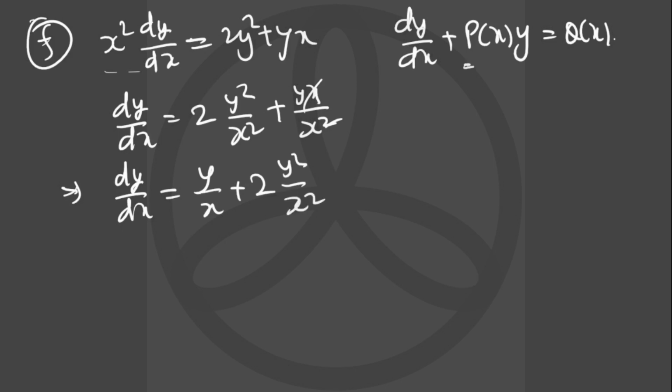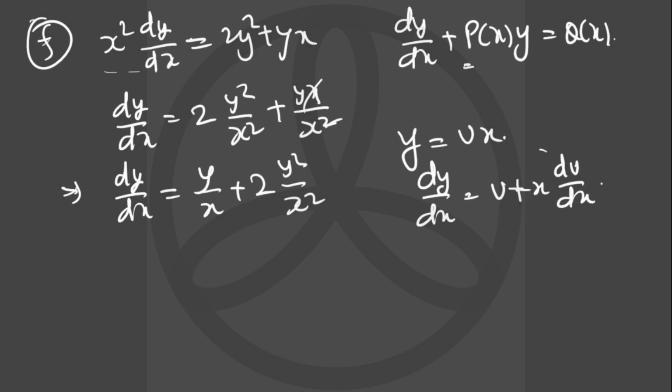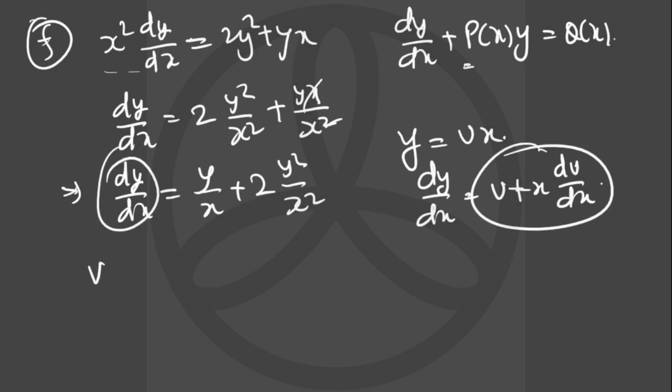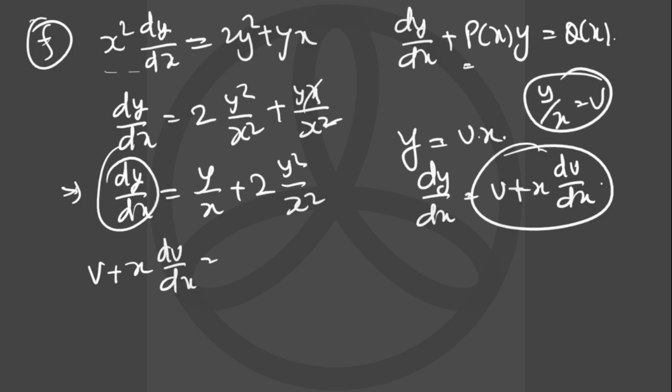We may not do this. We can also assume y = vx, and then dy/dx here will give v + x dv/dx. We replace this here, and since we have assumed y = vx, y/x = v, we can replace this one at both places.